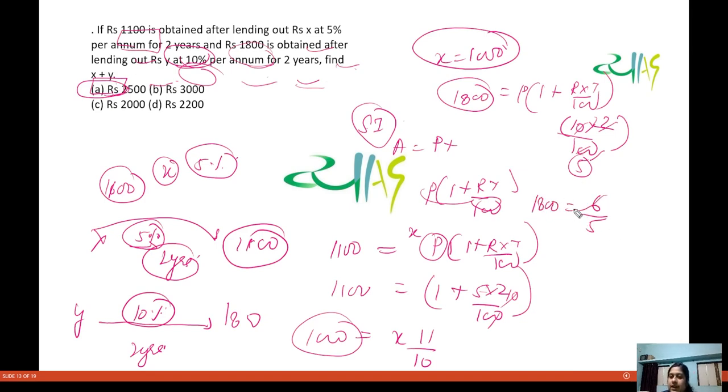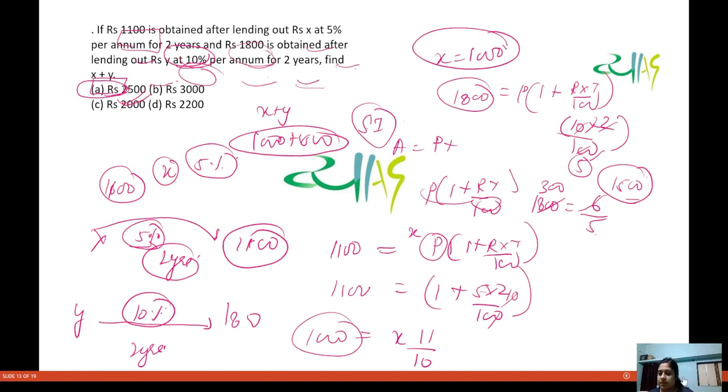So this is 300, and the sum becomes 1500. So what is my X plus Y? That is 1000 plus 1500, so that becomes 2500.